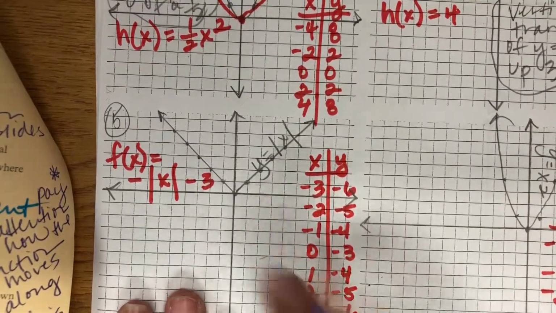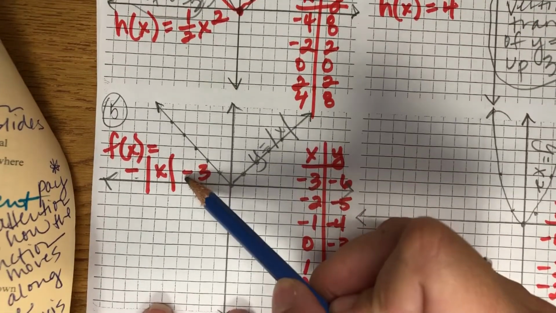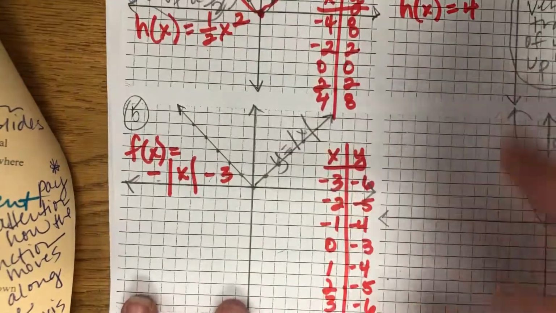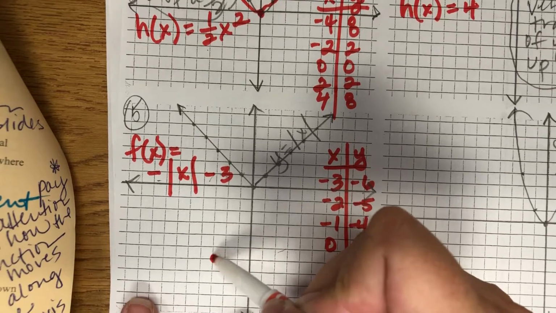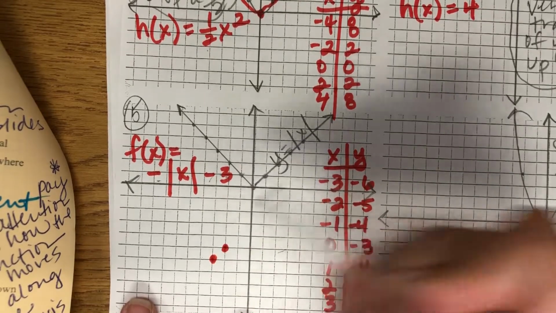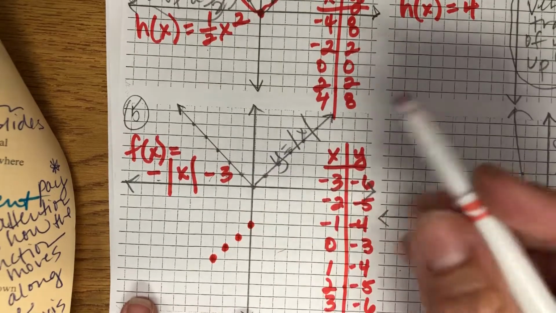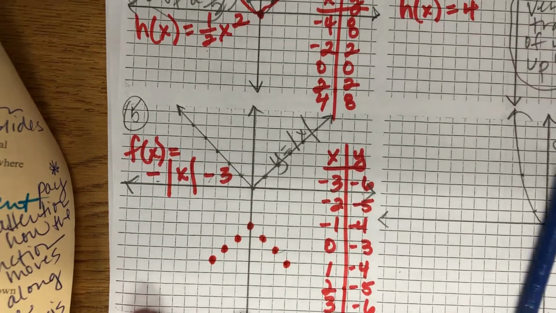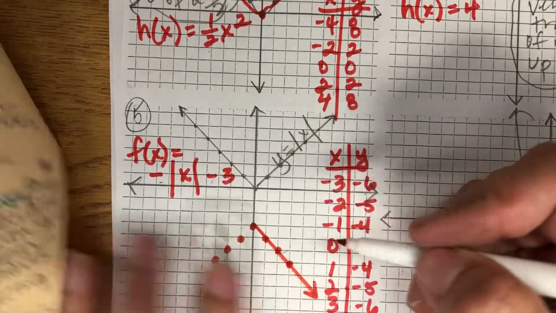Number 5, I've got my parent function, absolute value of x. This one reflects and I believe moves down if I remember right from looking at it on the graph. I'm going to go negative 3 down to negative 6, negative 2 to negative 5, negative 1 to negative 4, 0, negative 3. Yeah, and it starts going back up the same way. So with this, I've got 2 things to talk about once I draw it on.